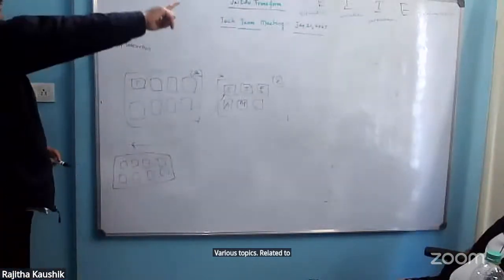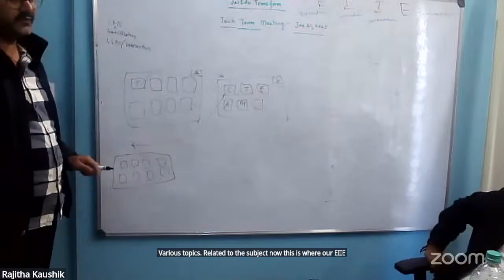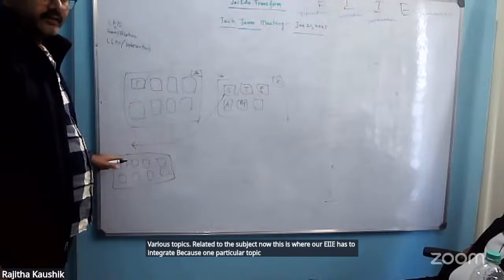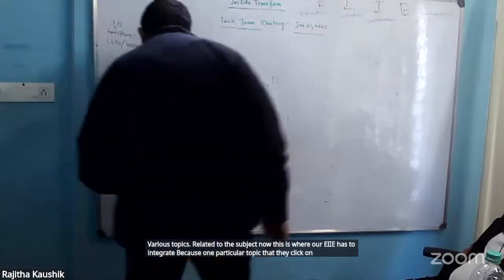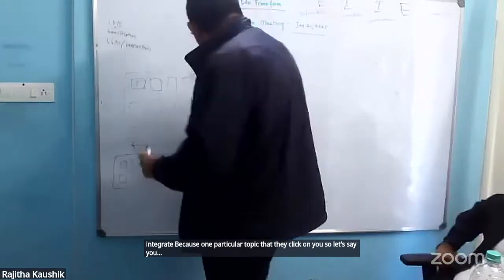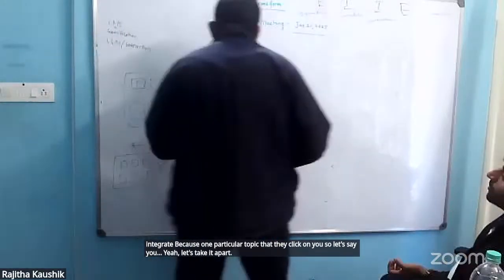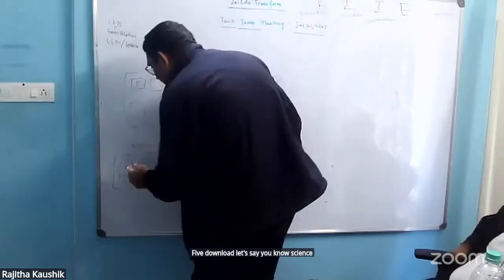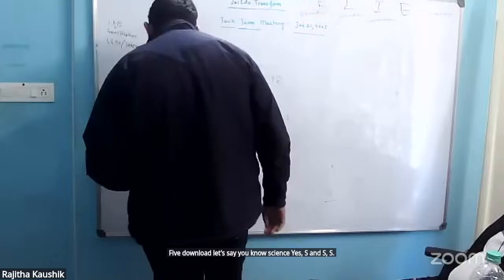Now, this is where our EIIE has to integrate, because of the one particular topic that they click on. So let's say L1, chapter 1 or at that level. Let's take science for example. Science chapter 1.